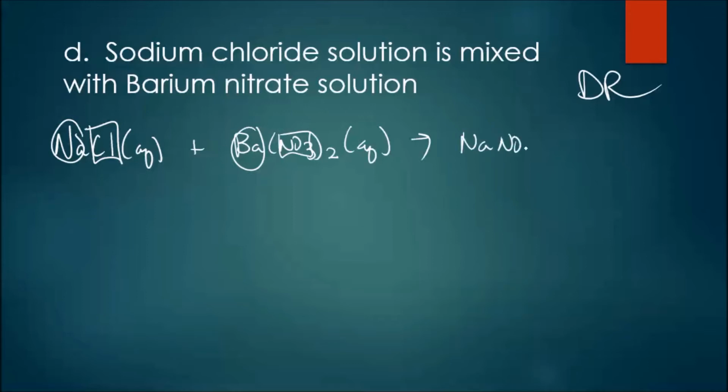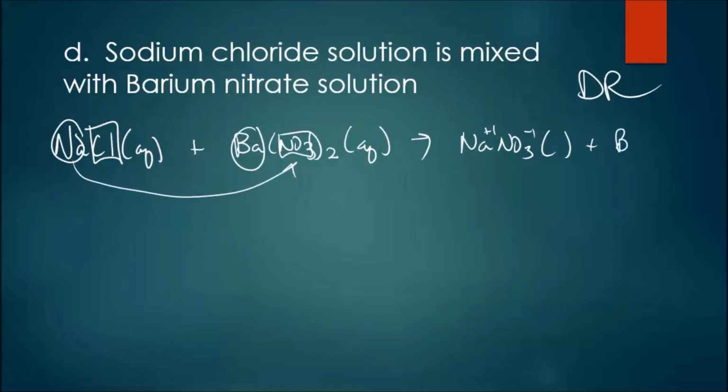All right. What is the charge on sodium? Charge on nitrate? On the back? All right. Is that correct? Yeah, it is. And what's the other partner? We got Ba.